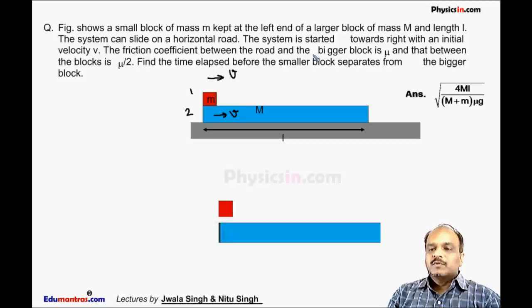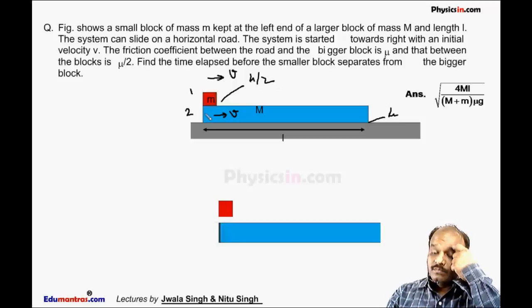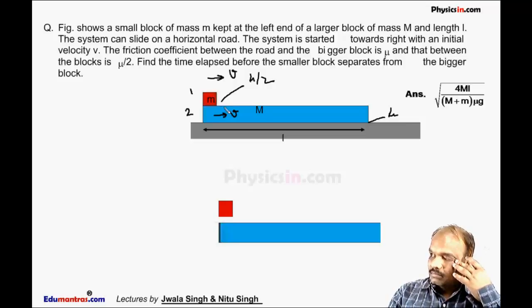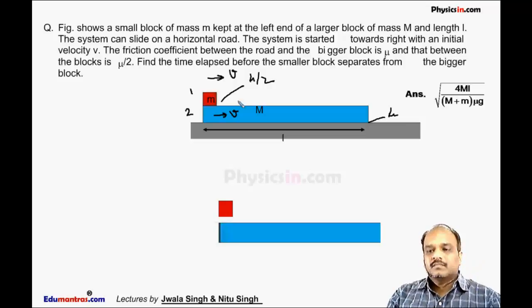The friction coefficient between the road and the bigger block is mu, and between these two blocks is mu by 2. Find the time before the smaller block separates from the bigger block.